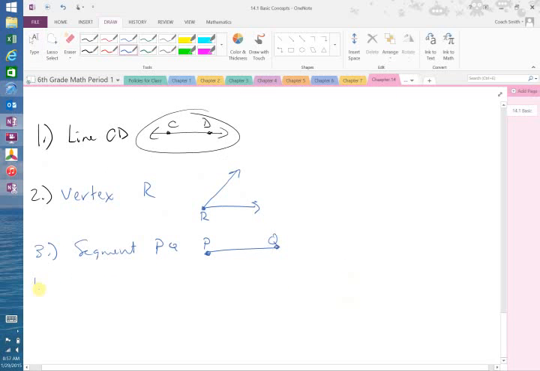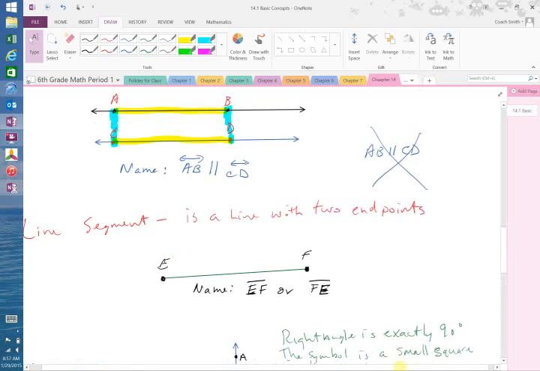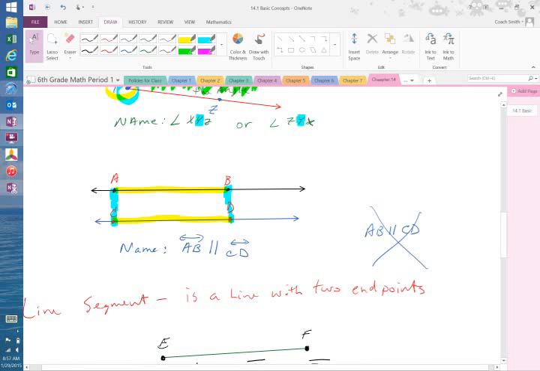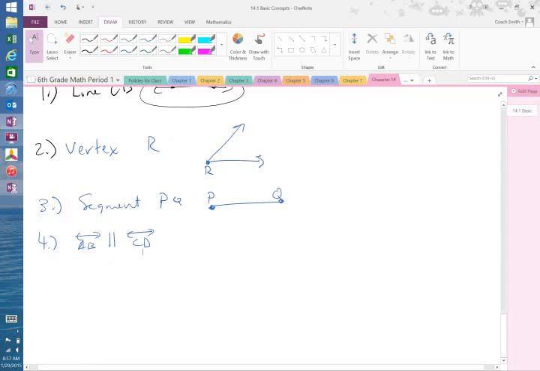Number 4 says line AB parallel to line CD. Well, we already really did one like that, right there. So you obviously just draw the lines, and if you're doing that one again, I'll do a smaller version of it.